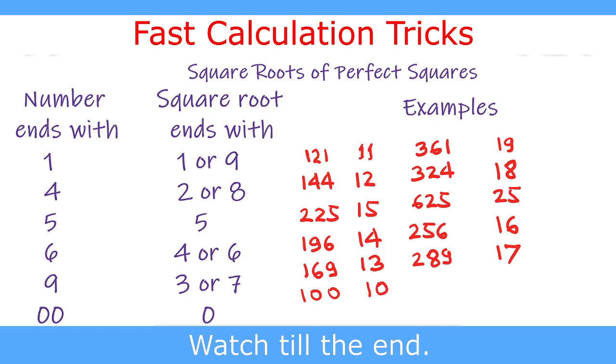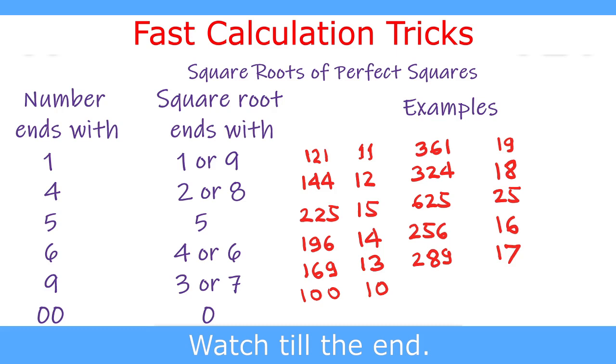But if these numbers are perfect squares, then this property will always be true. In competitive exams, when the question asks for the square root of a given number, then we should assume that the number is a perfect square. But if the question is for approximation, then it may or may not be a perfect square.